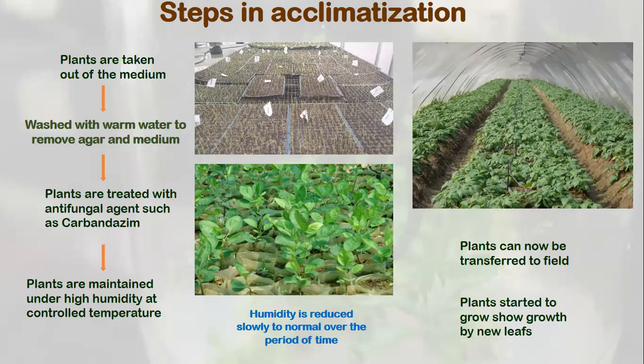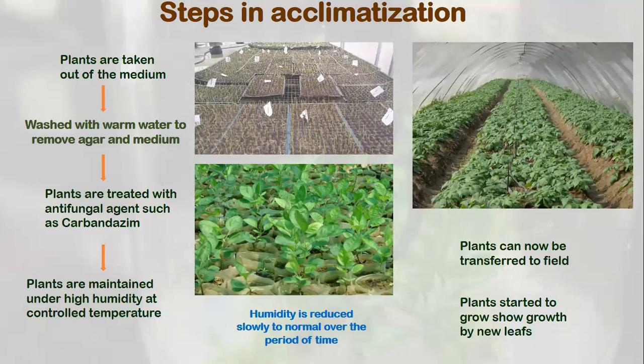Plants are taken out from the medium. These are the steps. First, we take out the plant from the medium after rooting. Wash them with warm water to remove agar and medium. Warm water means it should be 30-35 degrees Celsius, not more than that. So gentle washing, and then plants are treated with antifungal agents such as carbendazim, which is a very good agent.